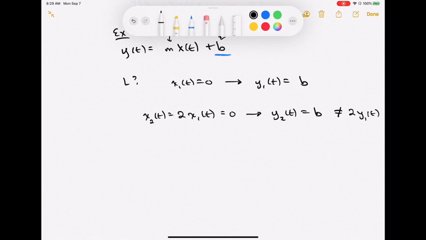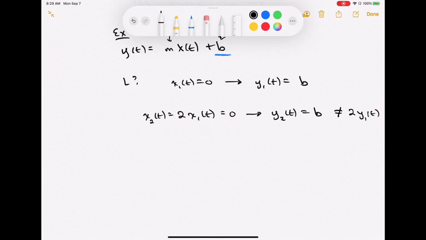I found it not linear by finding a single example, and I even found a single example that just fails a part of the linearity. It fails the homogeneity. I haven't even checked additivity. All of that would be enough. I could stop right now and know that I was done. If you wanted to, you could do additional examples.